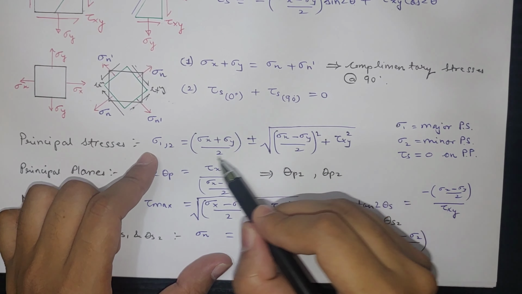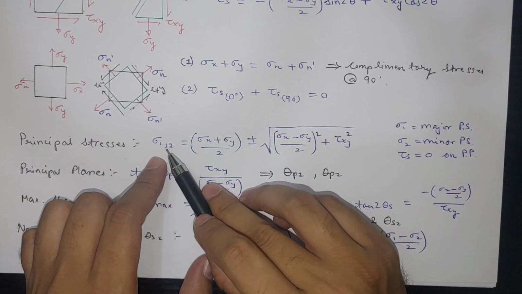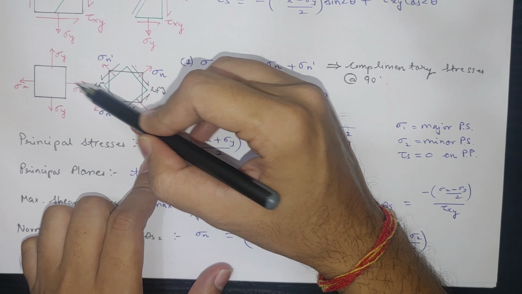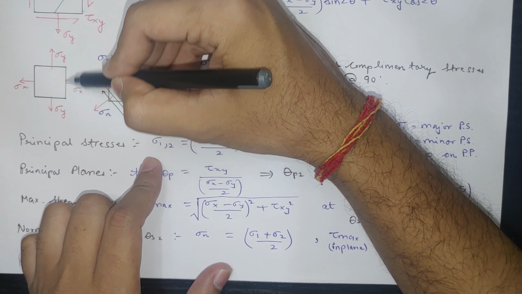All stresses act on a particular plane, like sigma x acting on this plane, sigma y on this plane, similarly sigma 1. Sigma 1 will act on a particular plane, and sigma 2 will act on the plane perpendicular to it.